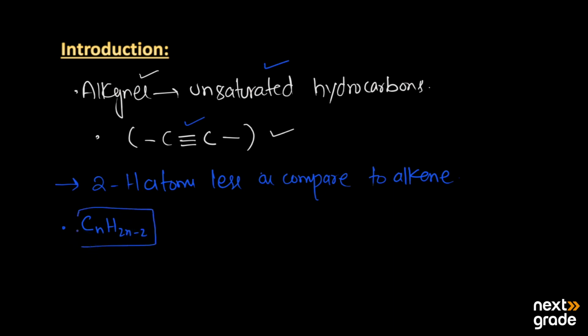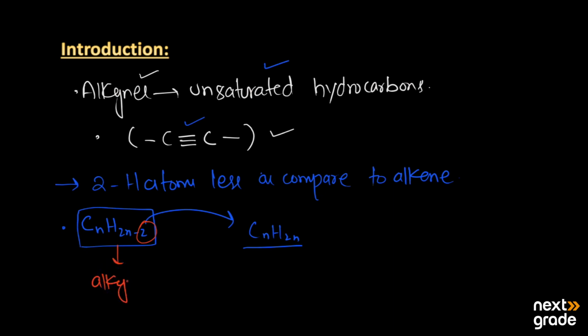This is the general formula for the alkynes, derived from the general formula of the alkenes, CnH2n. We remove two hydrogen atoms from the alkenes, and then we get the general formula for the alkynes.